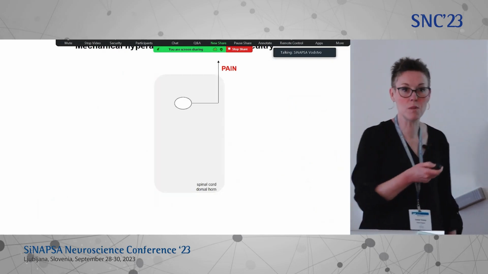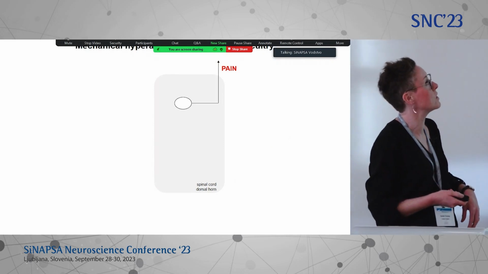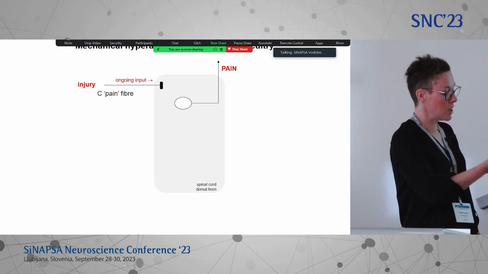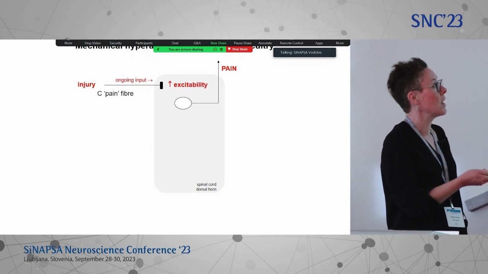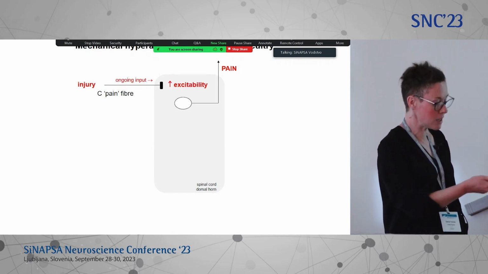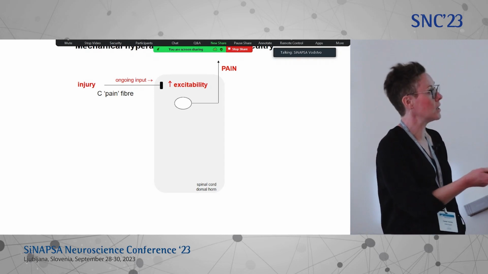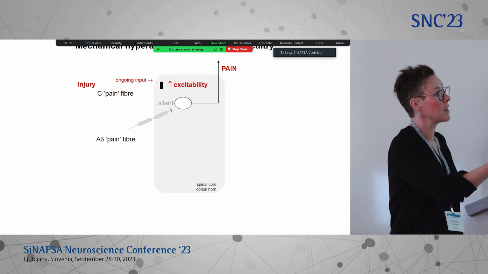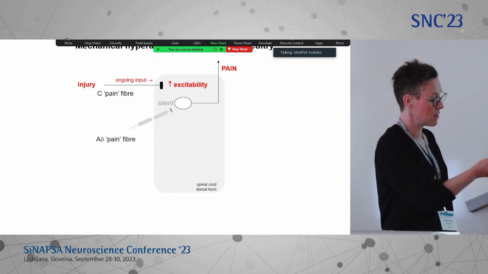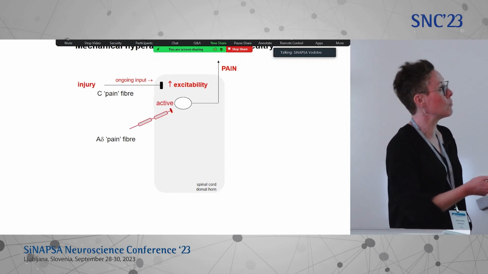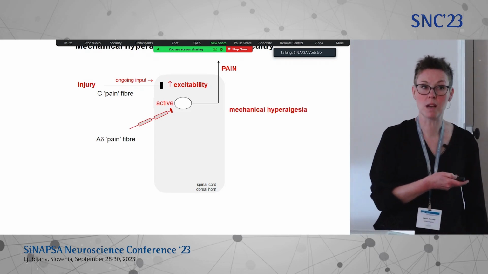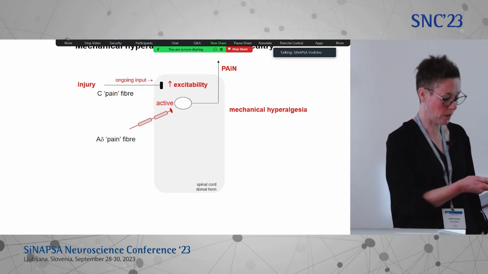So just to summarize this section on hyperalgesia and allodynia circuitry, following injury, ongoing pain input increases excitability in the spinal cord. I've shown you that some of these projection neurons have silent direct A delta inputs that become activated, which may be relevant for mechanical hyperalgesia.